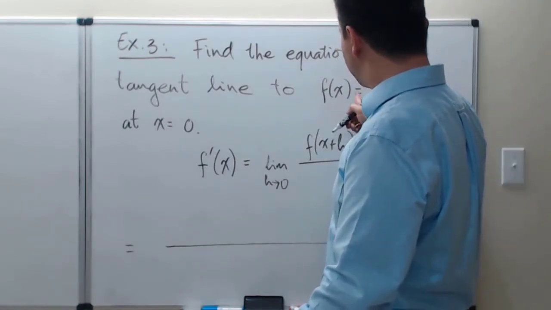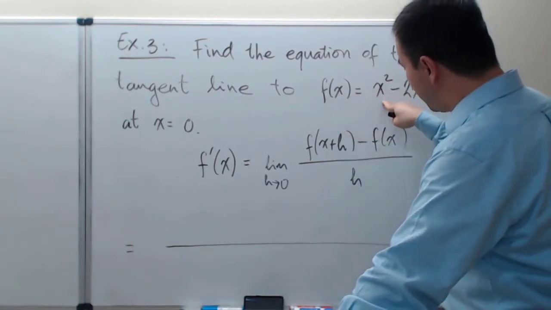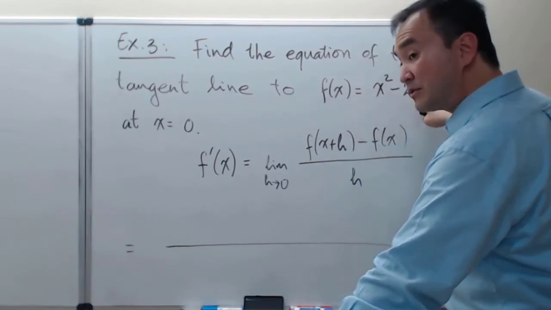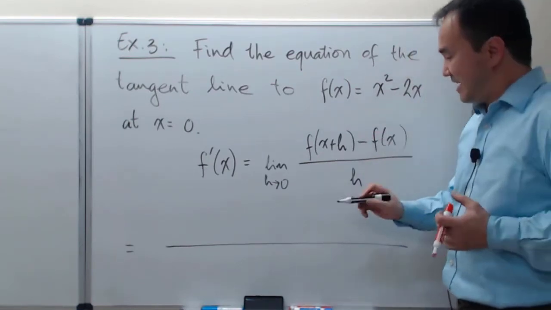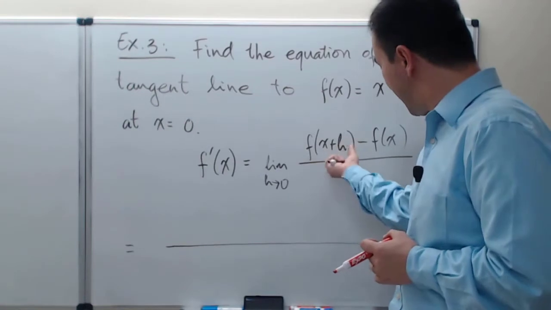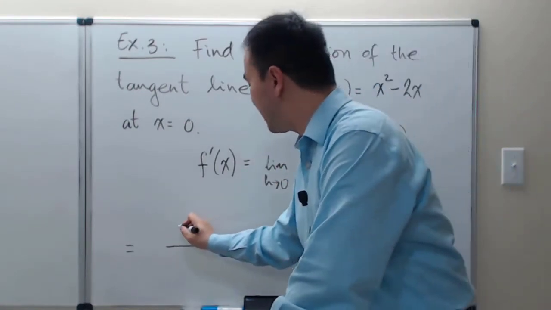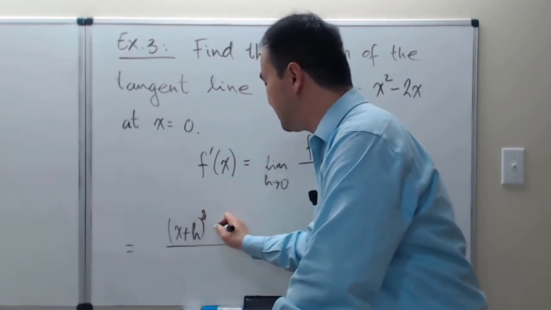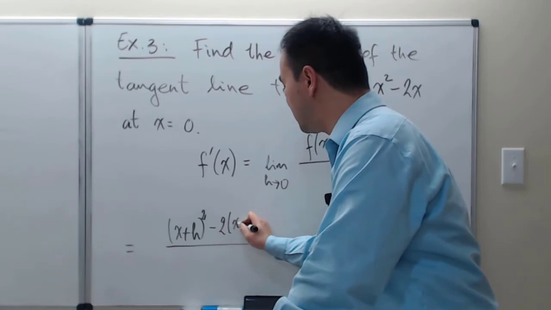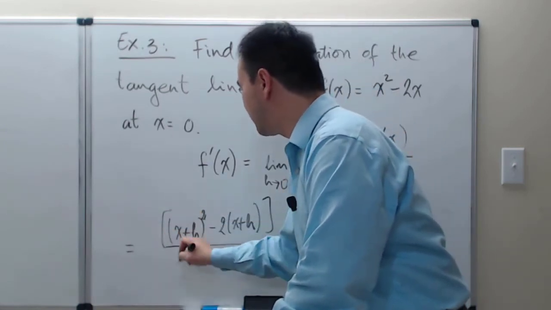This is what our function is doing to the input: it squares every input and subtracts 2 times the input. That's the rule for this function. So for f of x plus h, our input is changed to x plus h, so I'm going to have (x plus h) squared minus 2 times (x plus h).